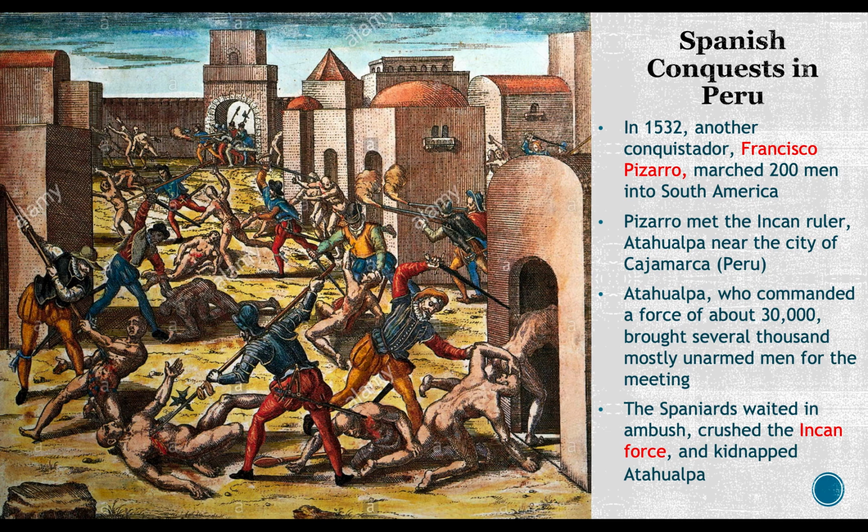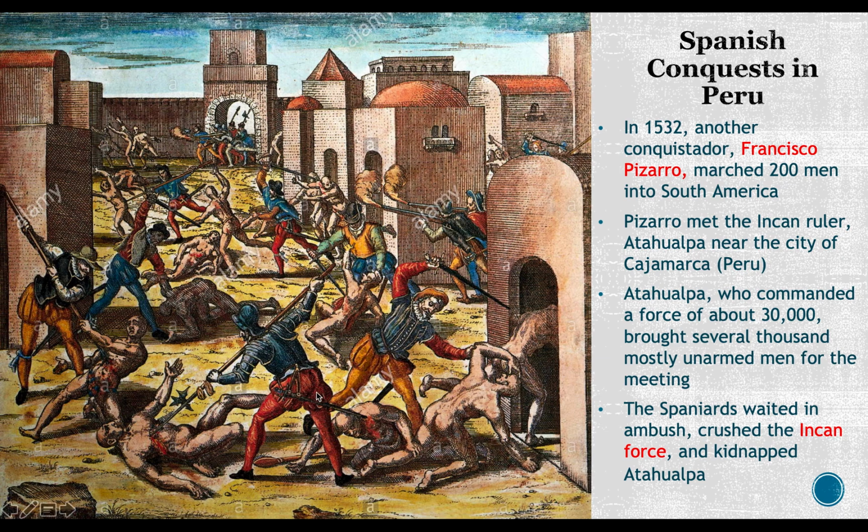So the Inca ruler commanded a force of about 30,000 men. He brought several thousand, mostly unarmed men to a meeting. So this guy commanded 30,000 men, and he brought a lot of these guys to a meeting with Francisco Pizarro, and the Spanish were actually waiting there, like in bushes and stuff, and just ambushed him.